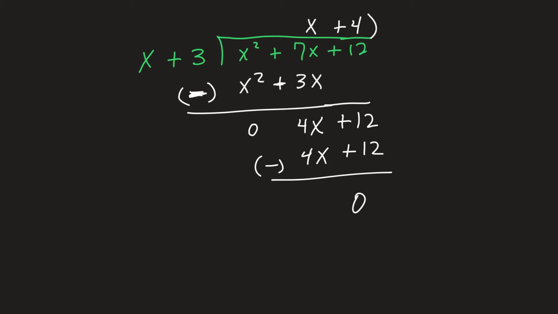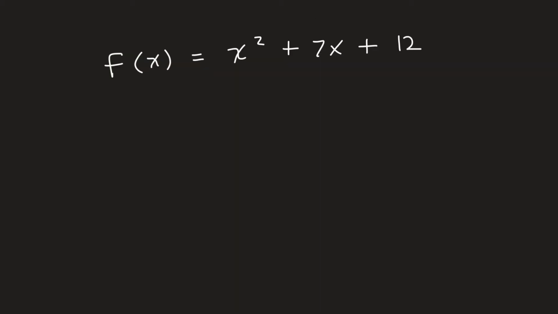So there it is. It went evenly, and that's my other factor. So these two factors multiply together to give me that quadratic. Now recall, we call these numbers zeros, like negative 3 was a zero. This means that f of negative 3 should equal nothing. Let's check it.